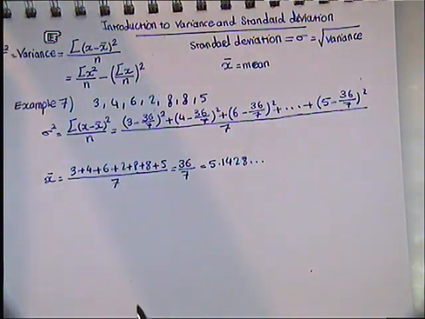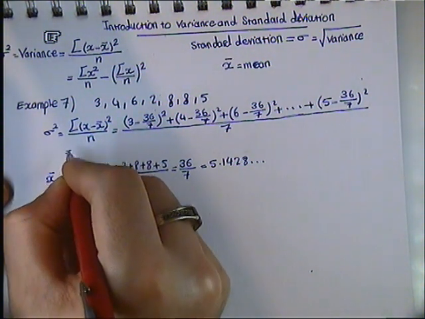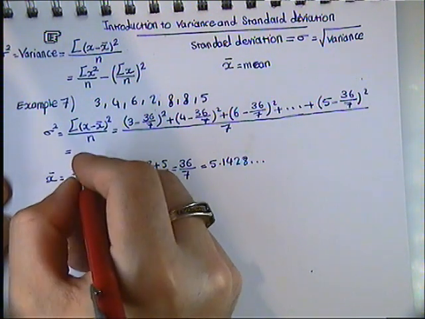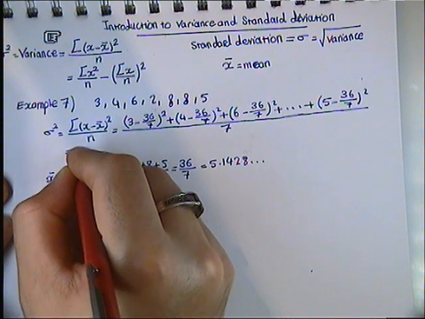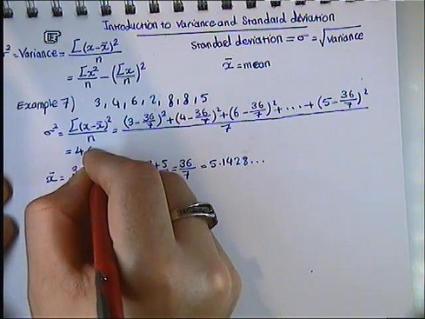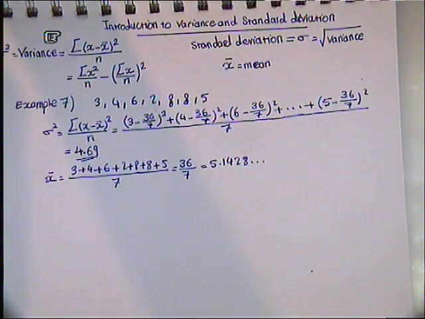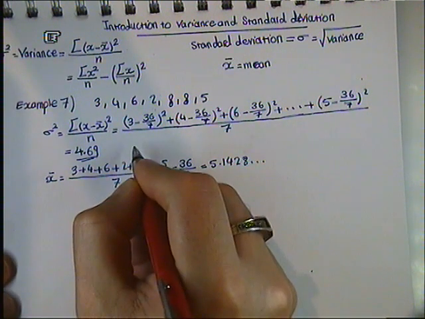Okay, so if we do that, we should get 4.69 for the variance. So the standard deviation would be the square root of this.